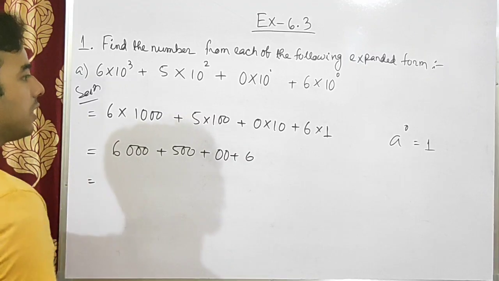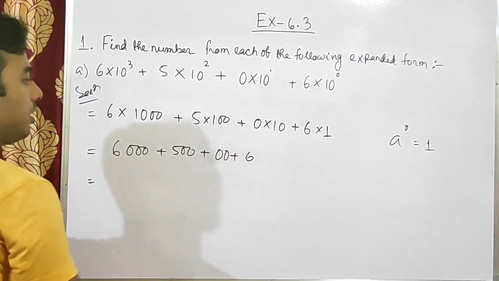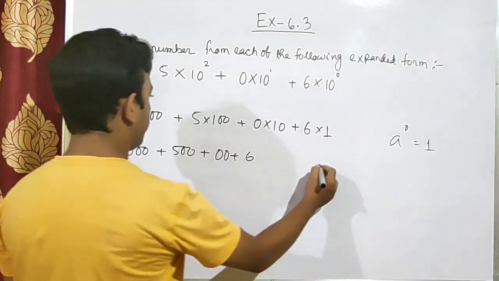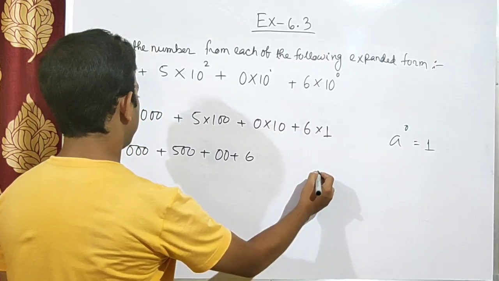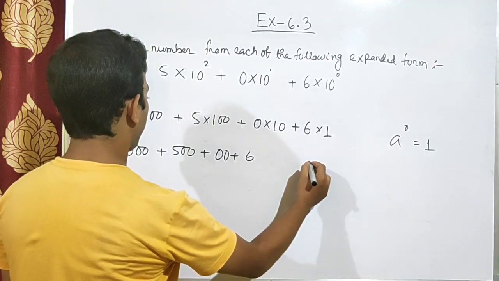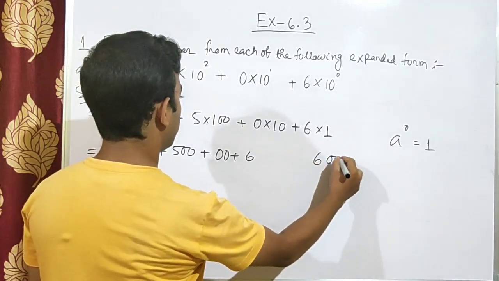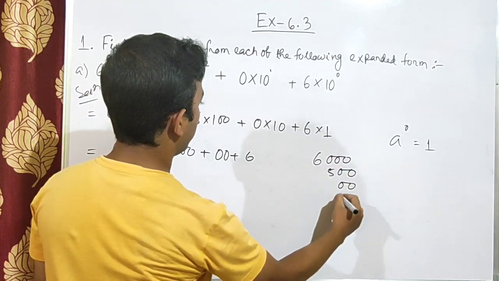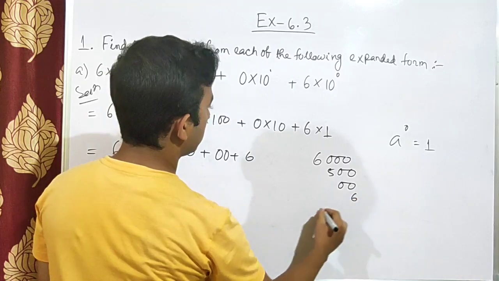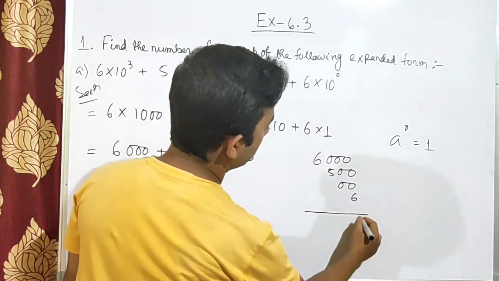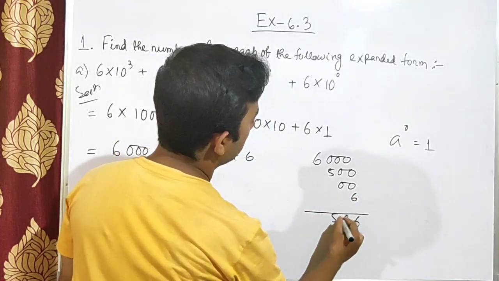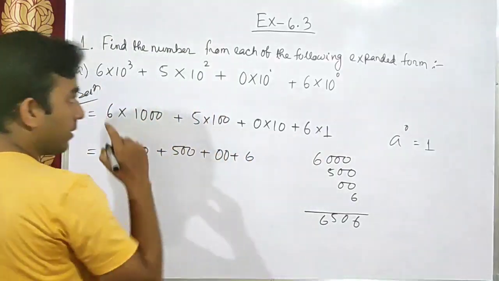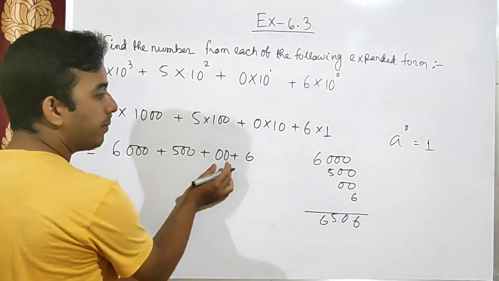So now let's add. Look, 6000, then 500, then 00, then 6. What will be the number? Why have I given 00 here?